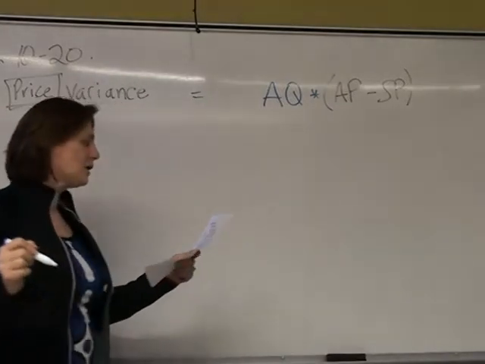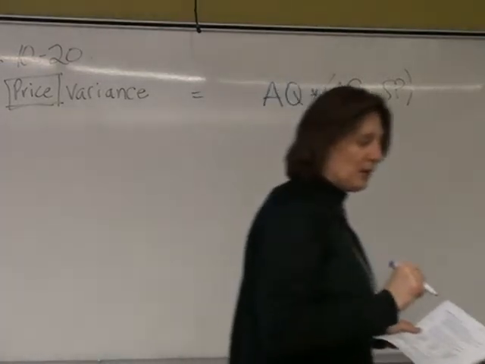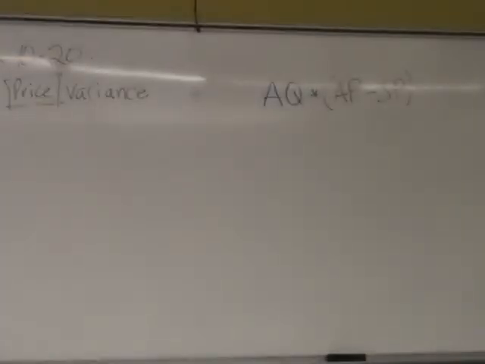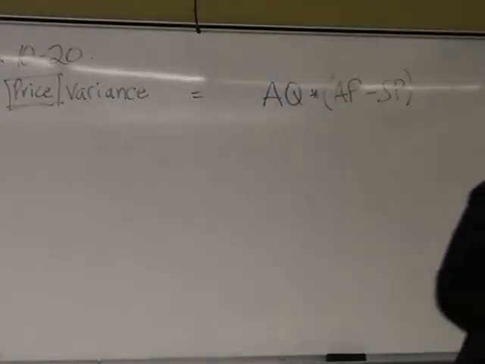So what is the actual quantity we had for materials? 78,000. An important piece here is that there was no beginning or ending inventory, which means they used everything they purchased. So they purchased 78,000 meters.